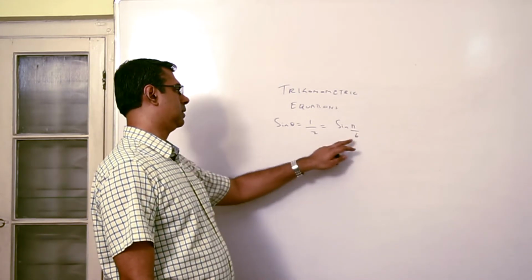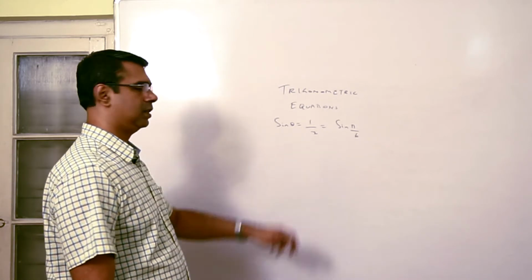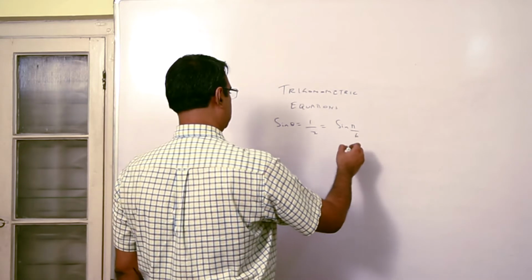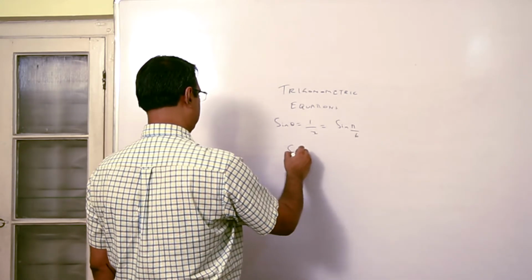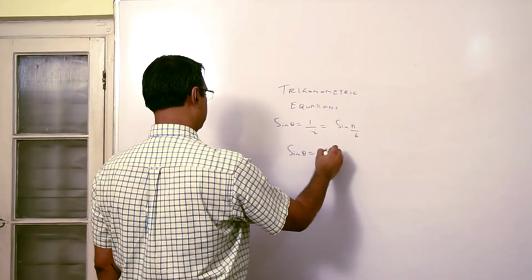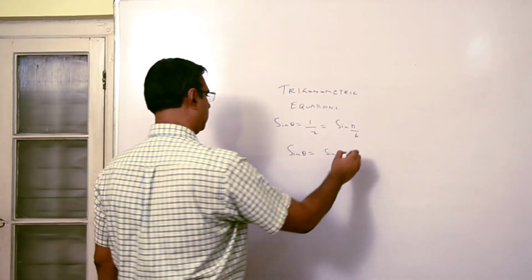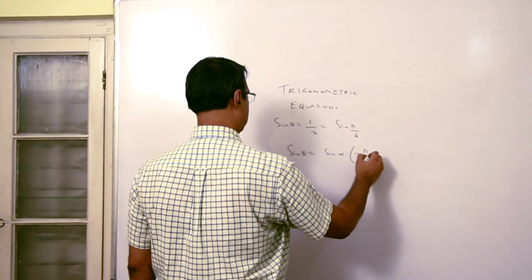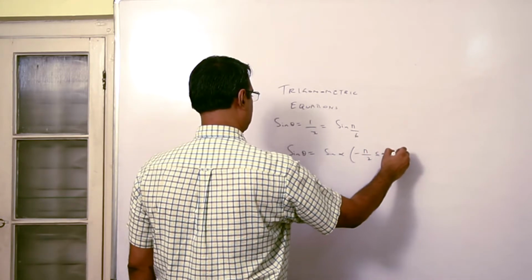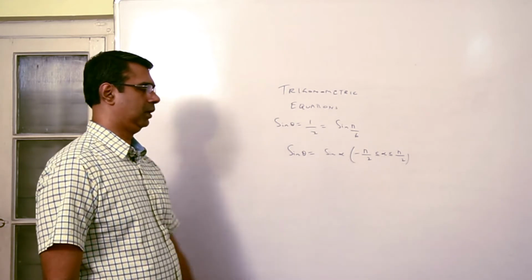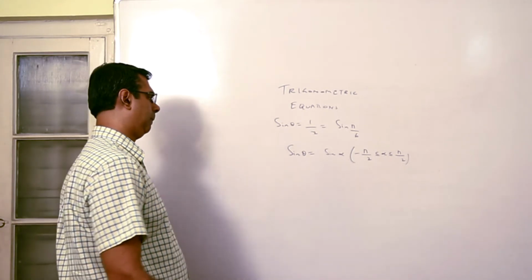And this pi by 6 is called the principal value of theta. Now in general, if you have sine theta equal to sine alpha, alpha is the principal value, the rule is that the principal value should necessarily lie between minus pi by 2 to plus pi by 2.